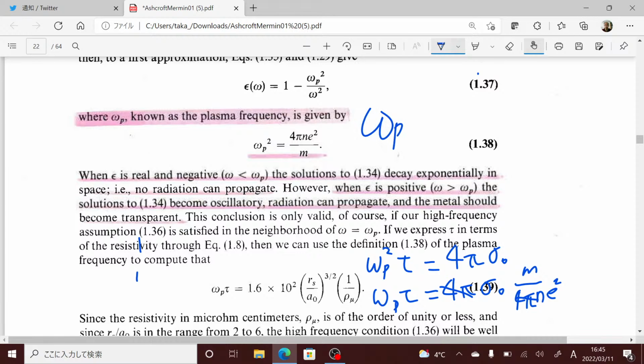Omega p tau is like omega p square tau divided by omega p. Okay, so I can do this square root here.